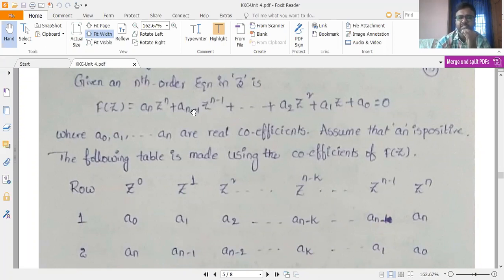Assume that the coefficient an is positive.